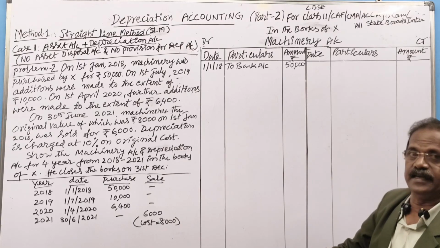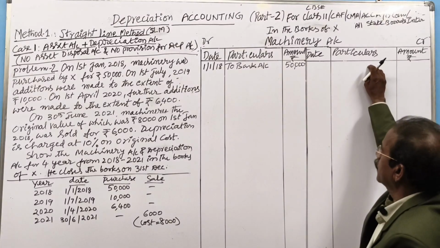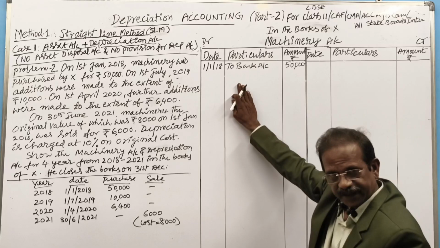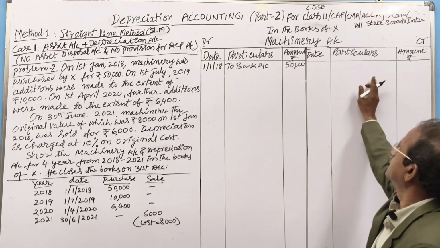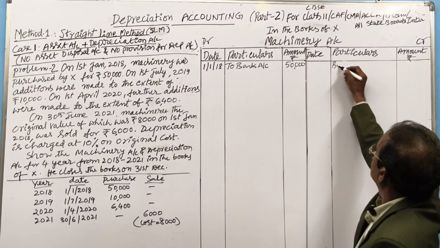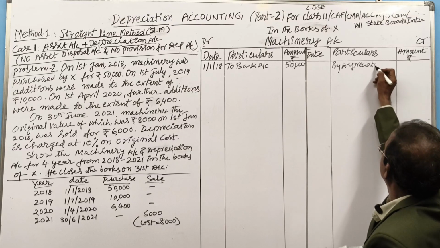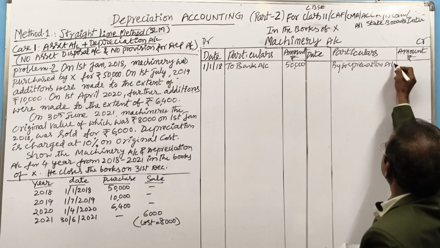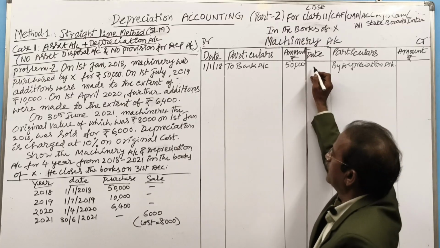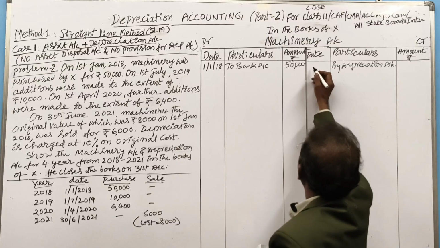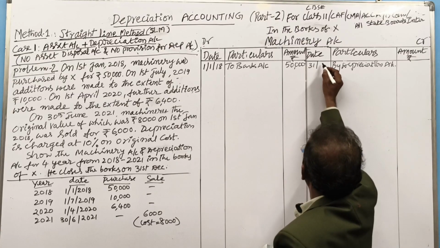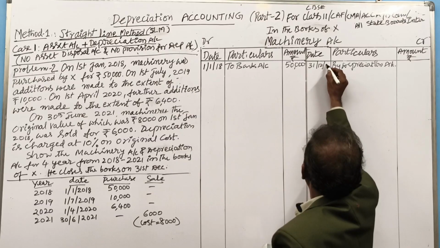Since it is a decrease, you must record on the credit side. Debit side increase, credit side decrease. So you must write by depreciation account. The date, end of the year, is 31/12/18.